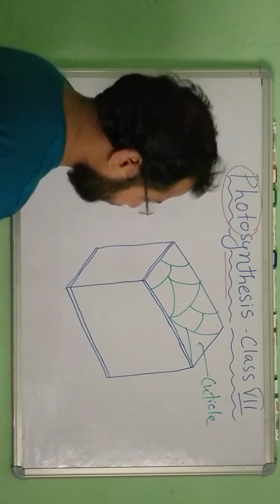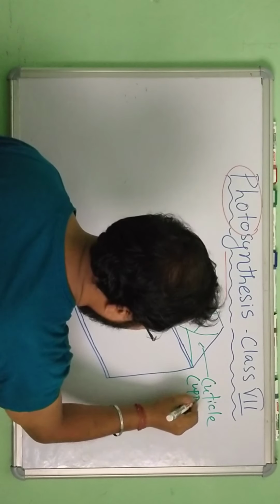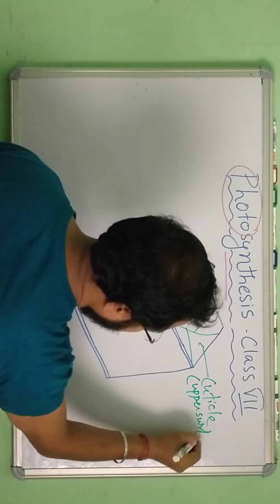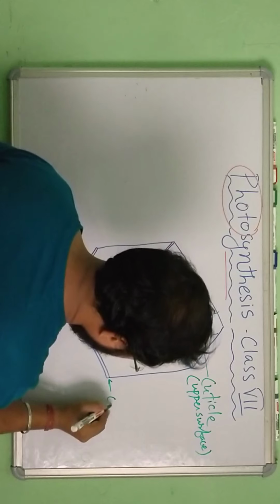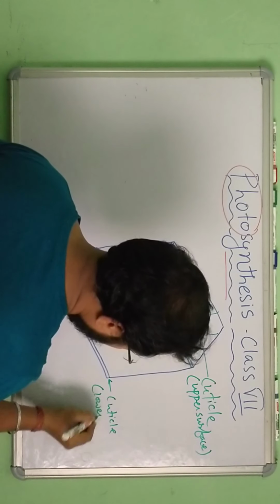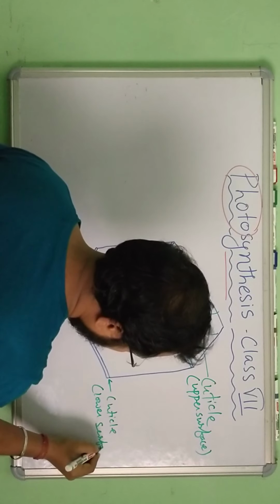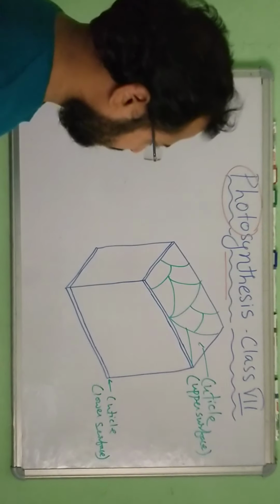So you can just write here cuticle at the upper surface, and this is also here cuticle at the lower surface of the leaf. Done.